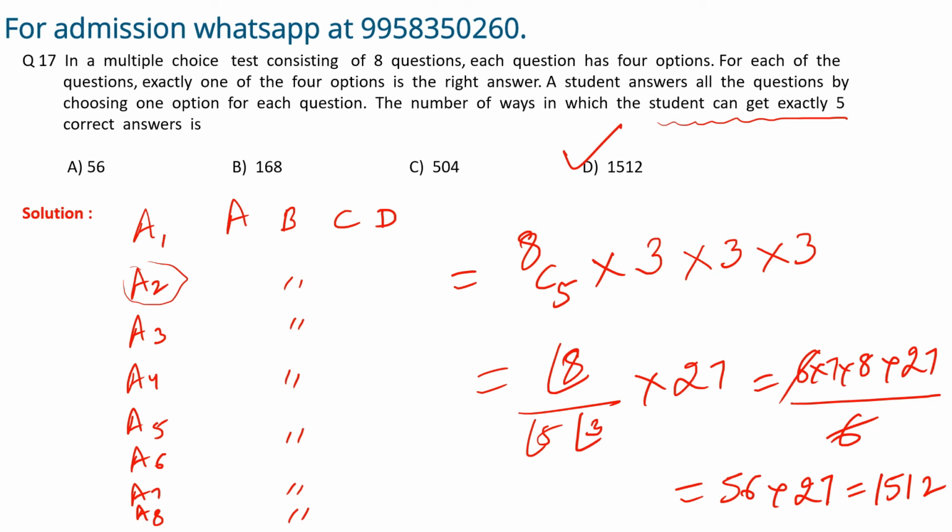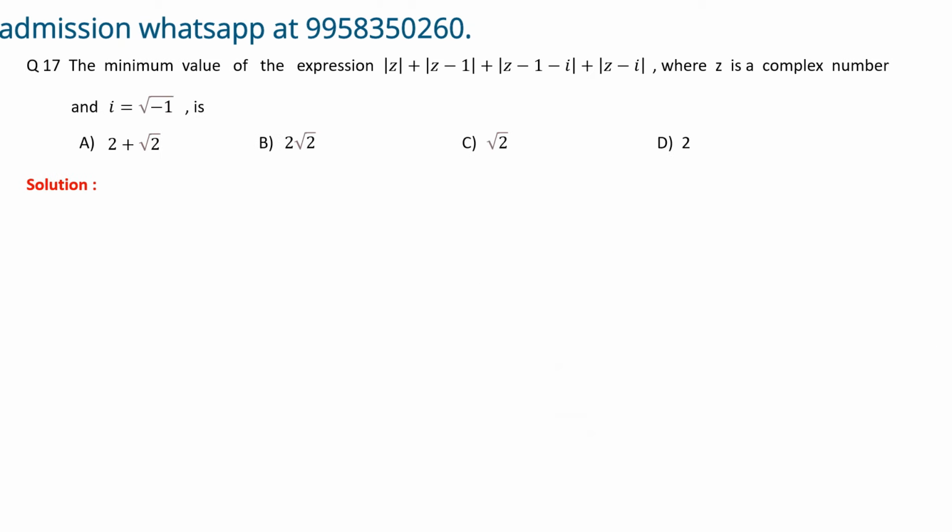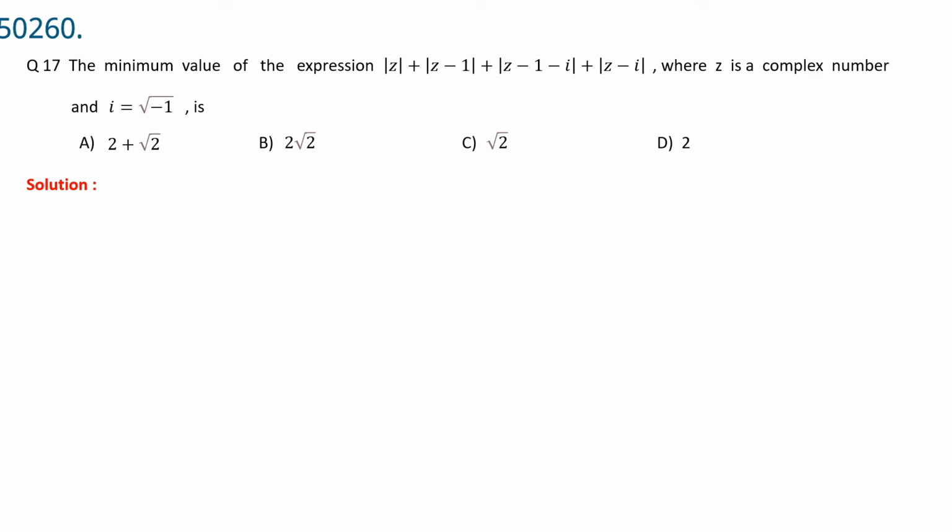Now we move to the next problem. Now students, this is a nice problem on geometry of complex numbers. The question is the minimum value of the expression mod z plus mod of z minus 1 plus mod of z minus 1 minus iota plus mod of z minus iota, where z is a complex number and iota is equal to square root of minus 1, is. Now what is this?